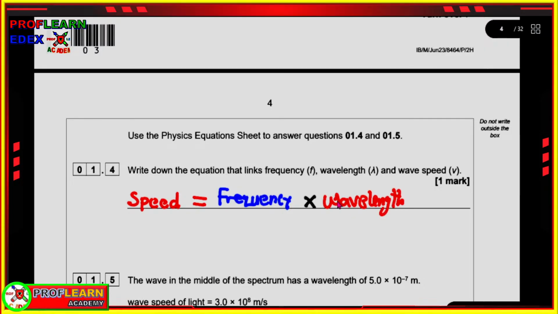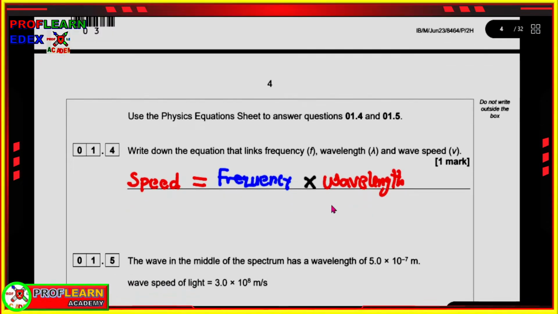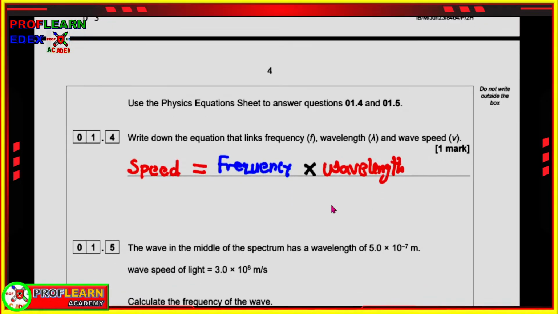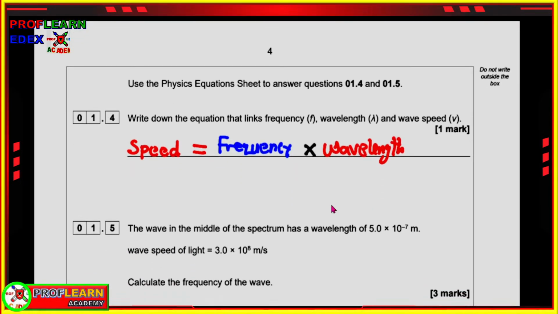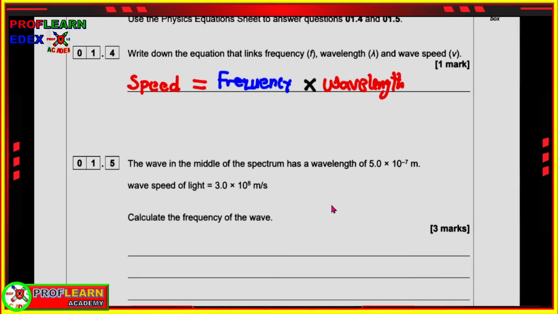Upon knowing how this formula is stated, you also need to know how to use it.